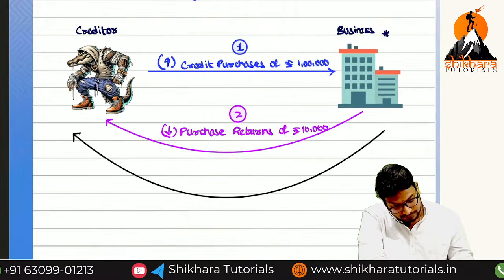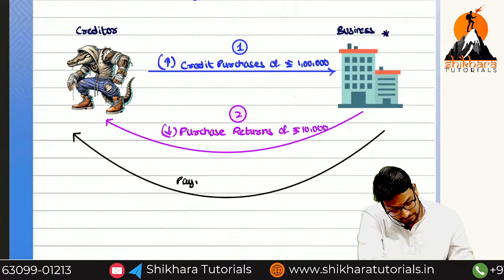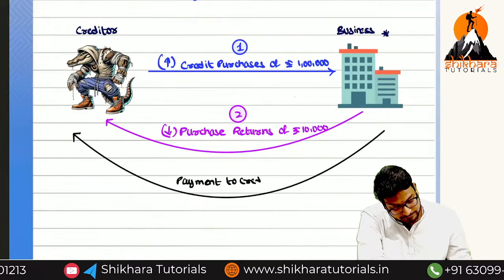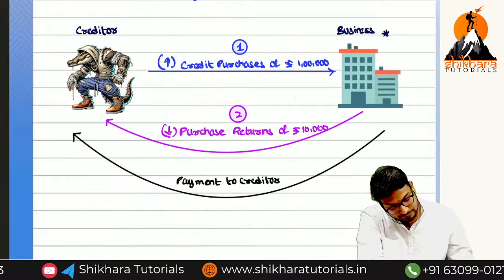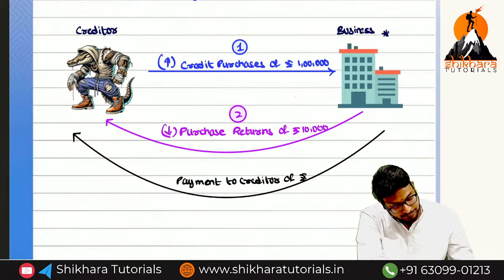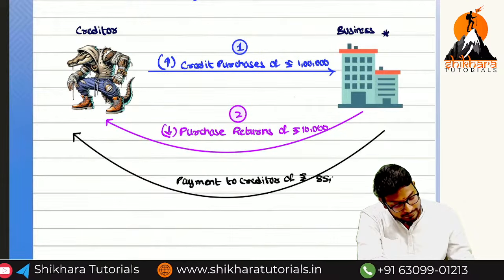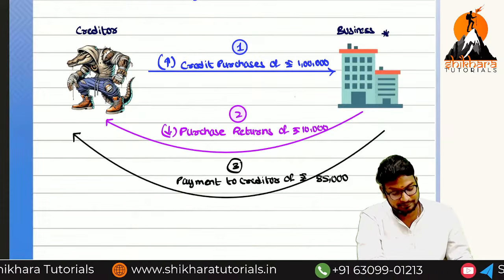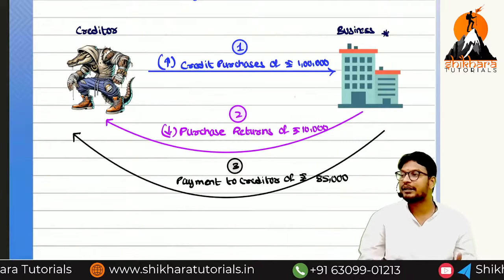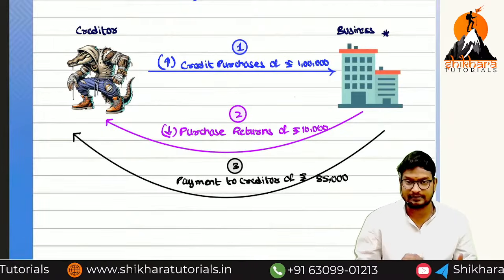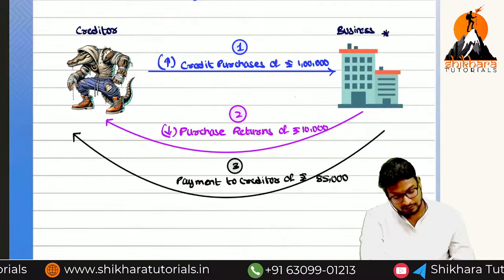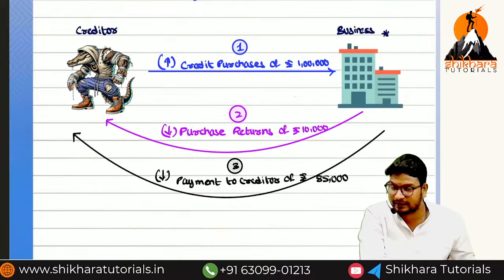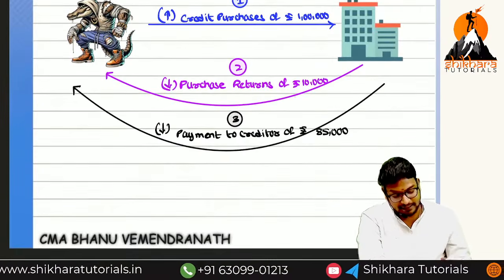So payment to creditor of rupees 85,000. This is transaction number 3. Now is our liability value increasing or decreasing? Decreasing. So the creditor value again increases or decreases? Decreases.